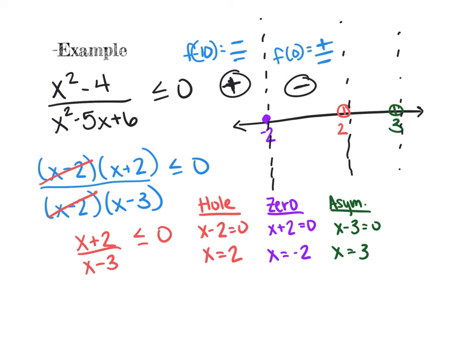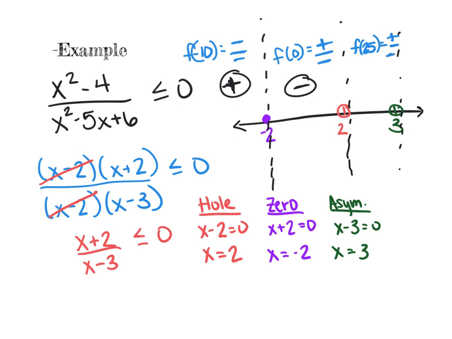In between 2 and 3, I'm going to pick a value like 2.5. So I'll do f of 2.5. When I plug that in, 2.5 plus 2 is going to be a positive. 2.5 minus 3, though, is going to be a negative.